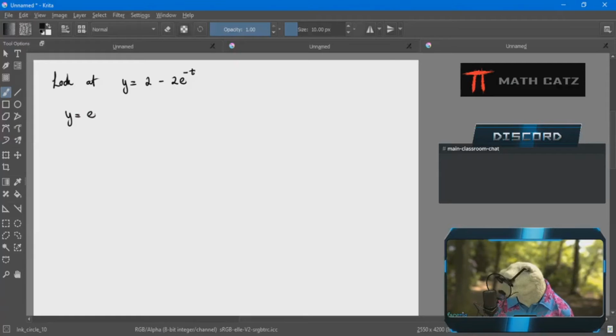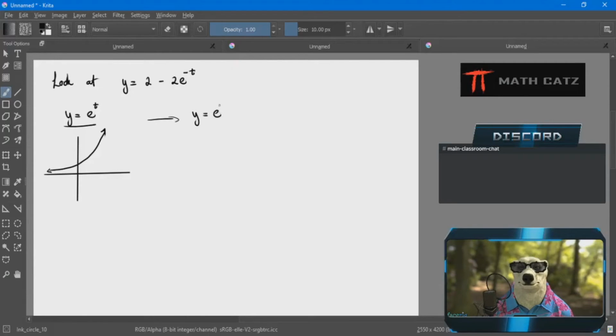If I start, now I'm going to do it in a lot of detail, with my basic exponential function like that, then I change my function from e to the t to e to the negative t. That is done by replacing t with negative t.